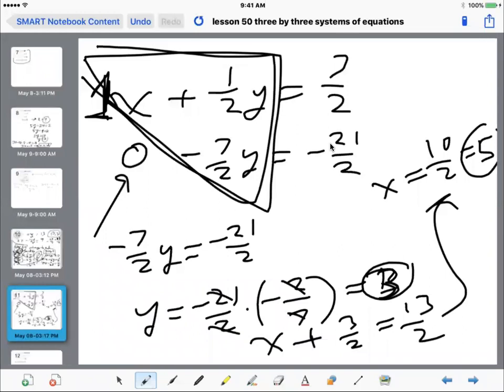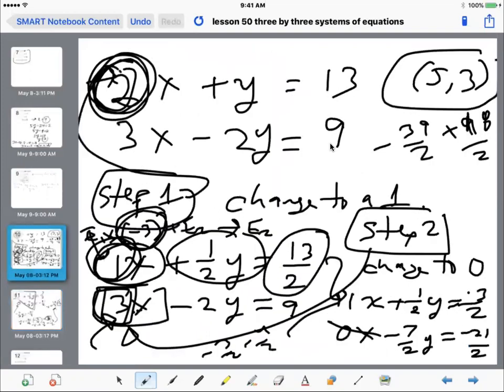Now, Ethan, you said here if you multiply by 1/2, do you mean back over here when I changed this into a 1 by multiplying by 1/2?